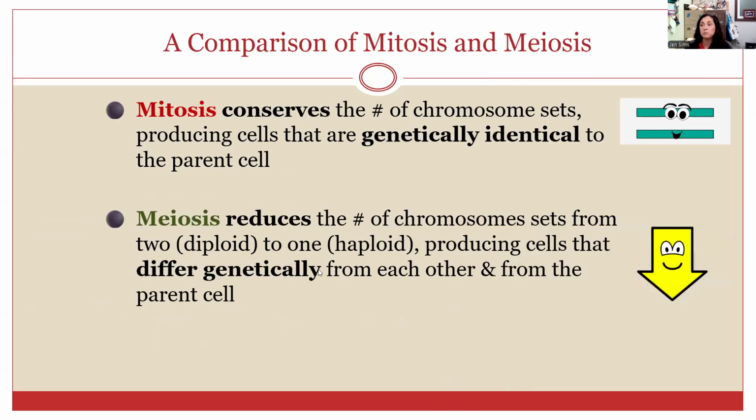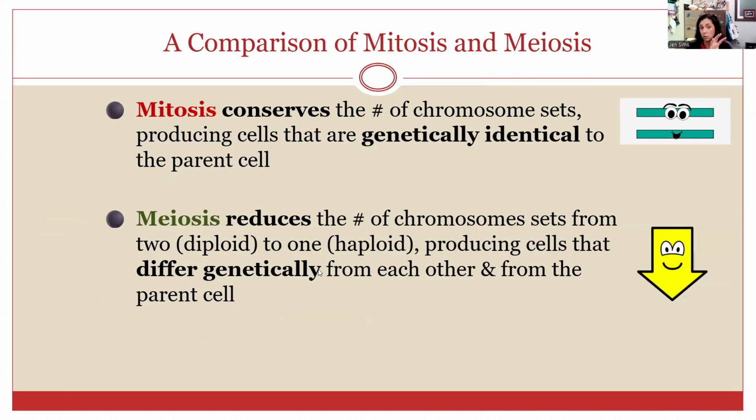So when you compare mitosis and meiosis, here's the gist to remember. Mitosis conserves the number of chromosomal sets. So if you start out with 46, you're supposed to end up with 46. And they're clones, they're genetically identical. In meiosis, you are reducing the number of chromosomes.